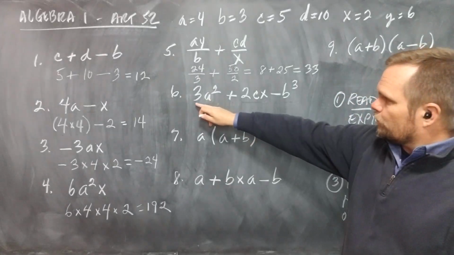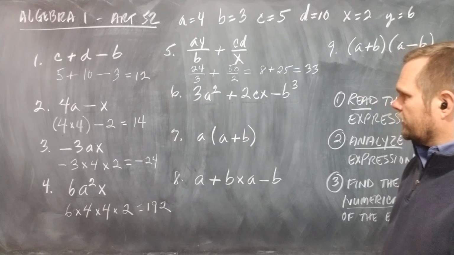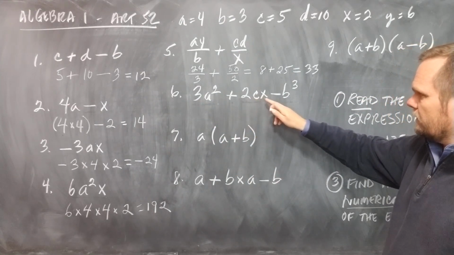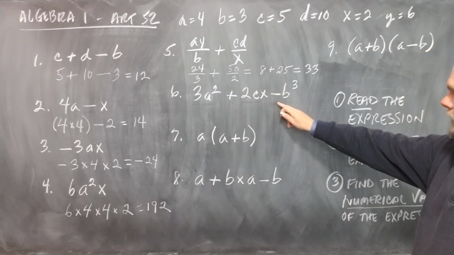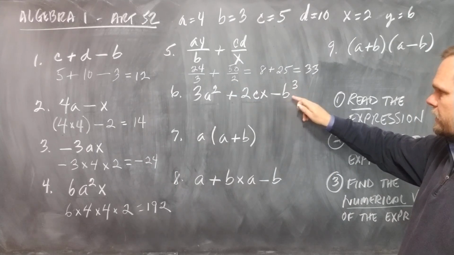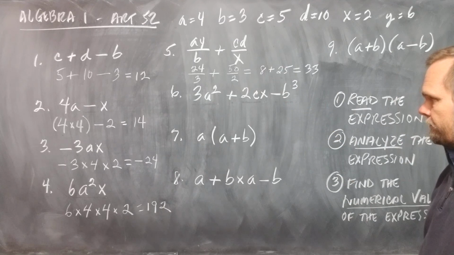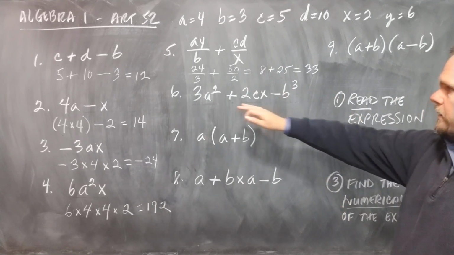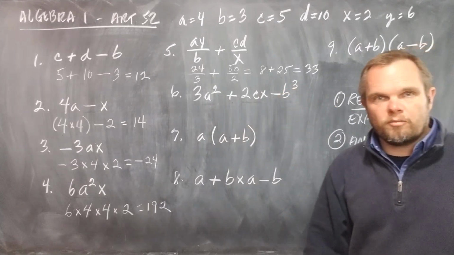We have 3 times a squared, that's term 1, plus 2 times c times x, that's term 2, minus b to the 3rd power, or b cubed. That's term number 3. So we've read the expression. We know that it's a trinomial. Okay, now let's find the numerical value.